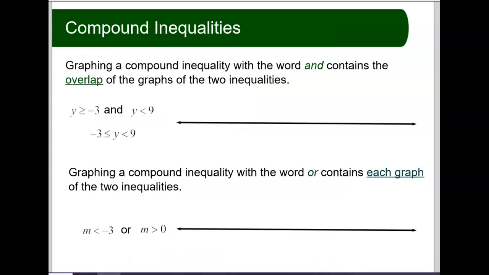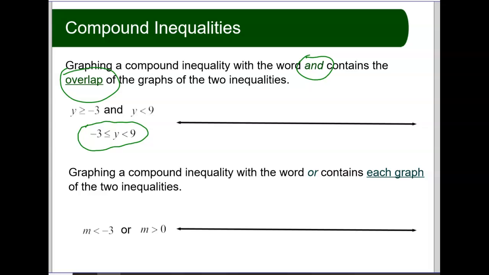There are also these compound inequalities. So a compound inequality can be joined by the word and, and it's the overlap of the two inequalities. So I've got this graph, y is greater than or equal to -3, and y is less than 9. Now, typically, we'll see it this way, where you'd read this as -3 is less than or equal to y, which is less than 9.